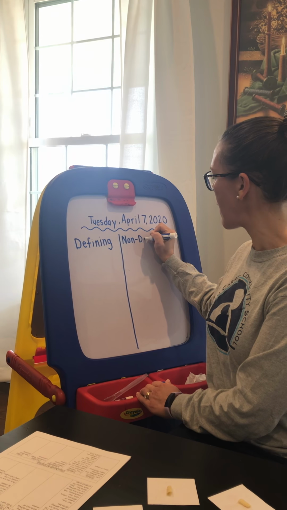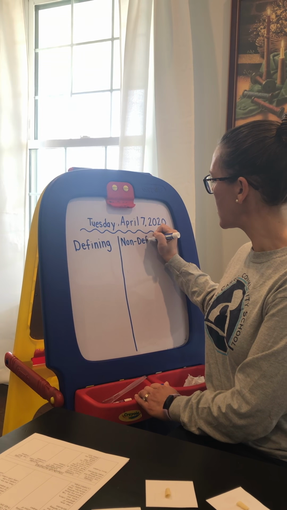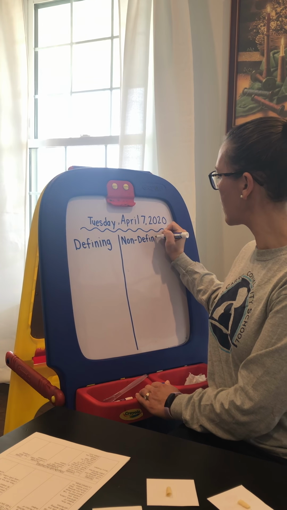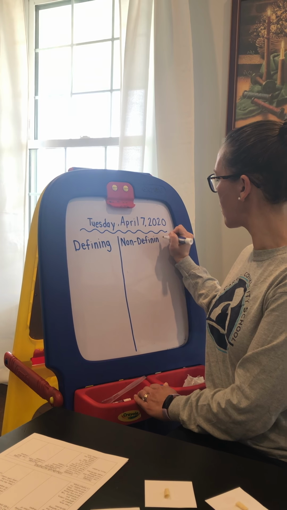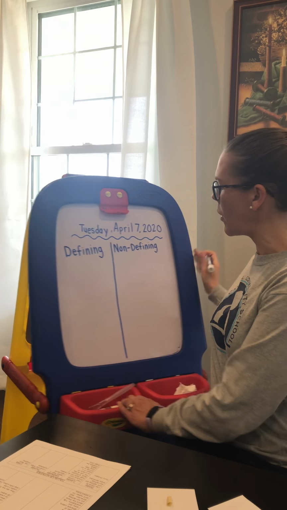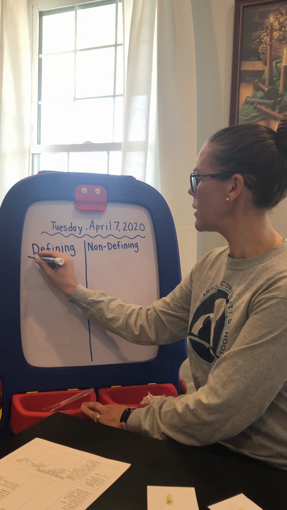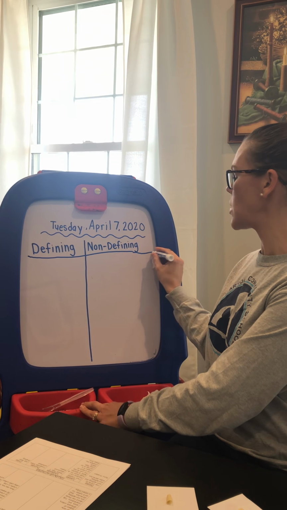Characteristics that it doesn't matter what they are to make the shape. Okay, so I have defining shape attributes and non-defining shape attributes.